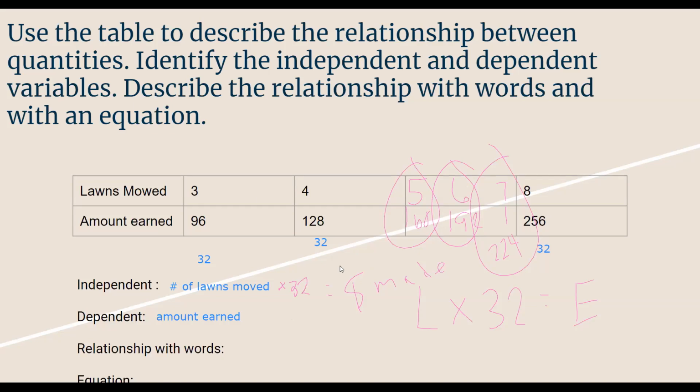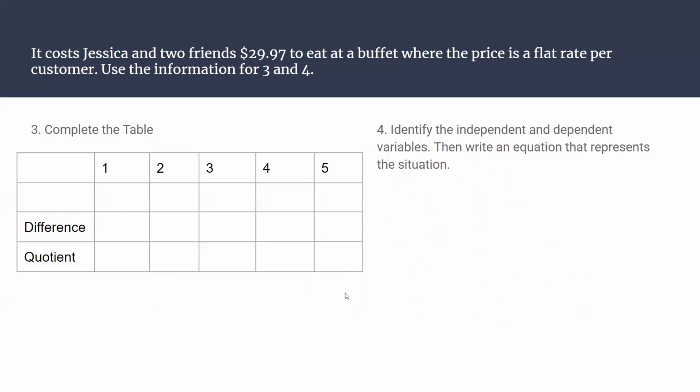So looking at this next question, this was the one that most of you were confused by because there were more than 2 rows. The scenario says it cost Jessica and 2 friends $29.97 to eat at a buffet where the price is a flat rate per customer. Use the information for number 3 and number 4. So this is all that the chart gave you.